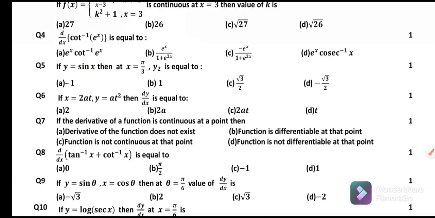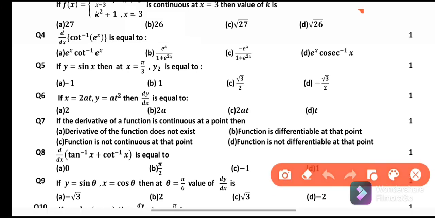Next question number 5. If y is equal to sin x, then at x is equal to pi by 3, y2 is equal to. This is a very simple question. Differentiate this 2 times. First of all, differentiate with respect to x, y1 is equal to cos x.